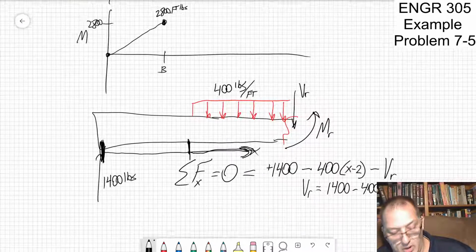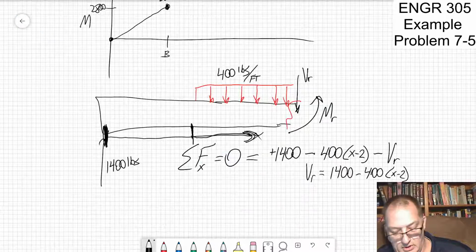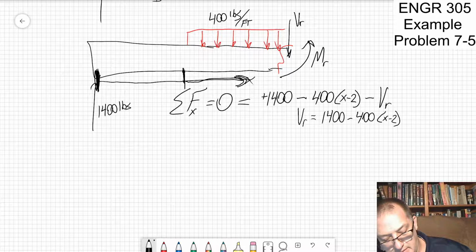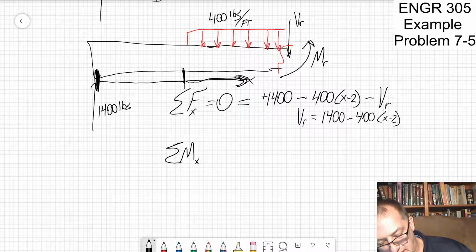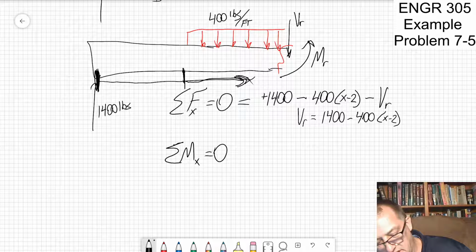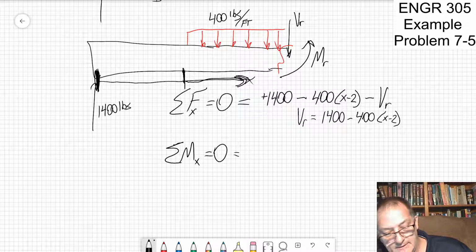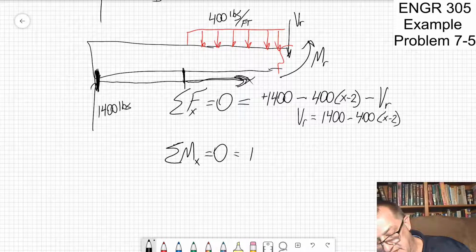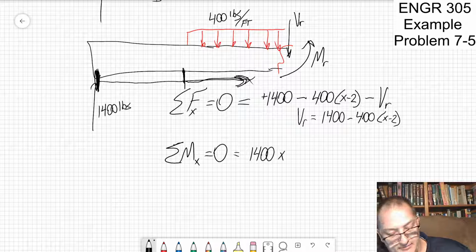All right. And then I got to do my moment equation. I got that. Now I got to do the moment equation. So the sum of the moments in the x direction is equal to 0, which is 1,400 times x, because I'm x distance away from that.